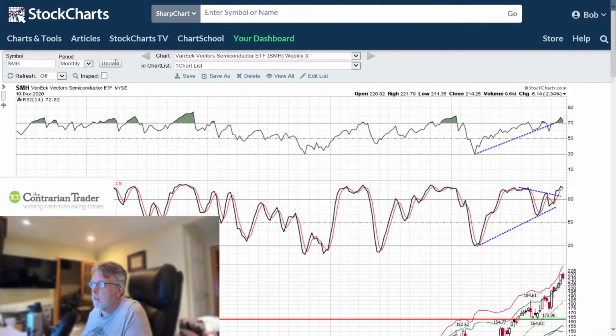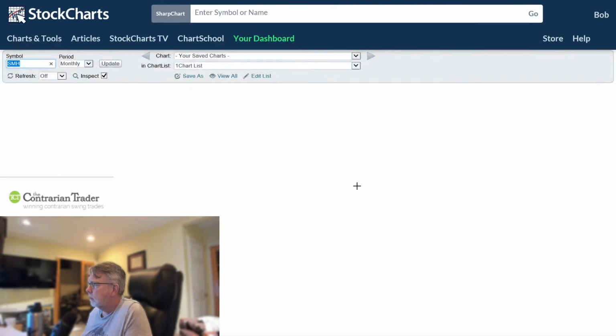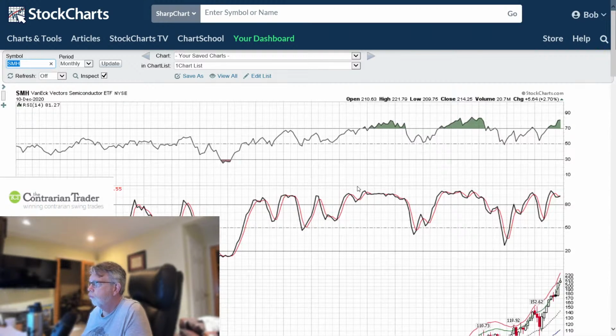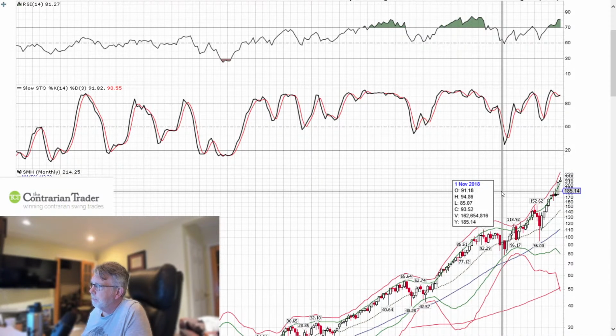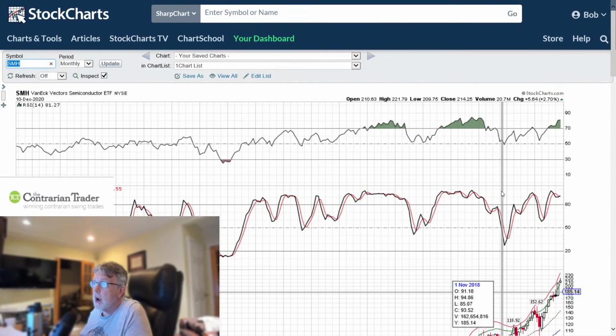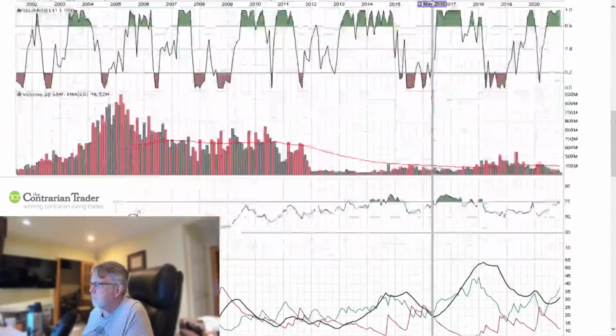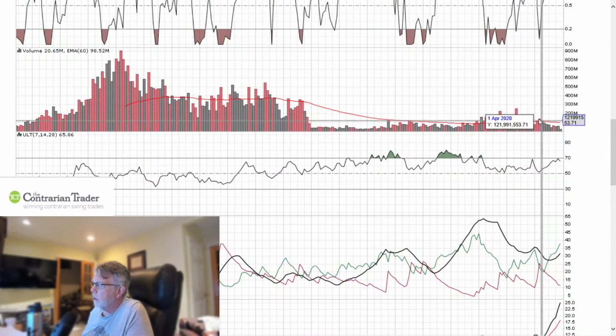I just want to take a look at a monthly time frame. Very, very extended. RSI in a monthly time frame is above 80. On an individual stock, I wouldn't think that much about having RSI above 80, but we're talking about an index. Look at this volume.